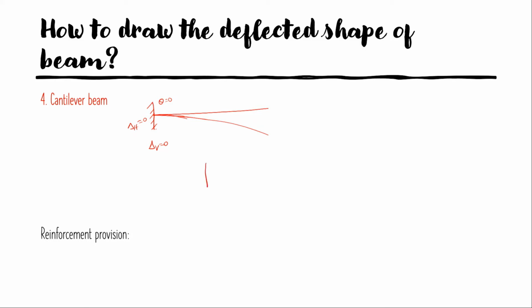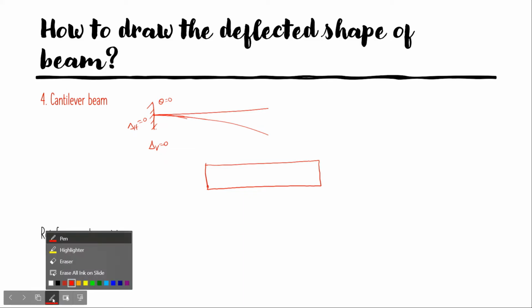So we can make a 2D analysis, and we will choose a color.